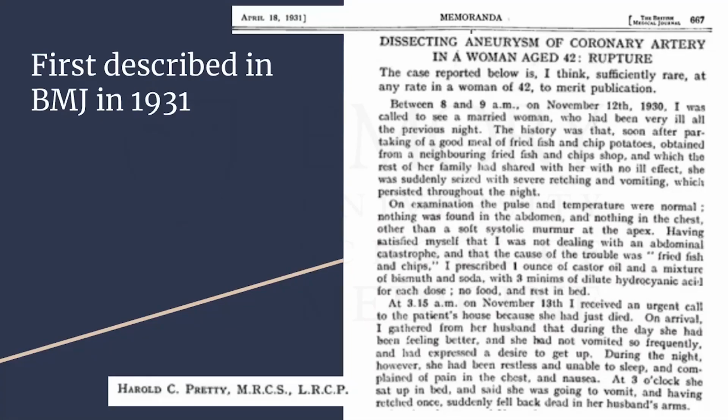He had recommended bowel rest and castor oil, and unfortunately she died several hours later. At this time, he had performed an autopsy that actually revealed a dissection of her RCA and some blood in her pericardium as well. While this case was published back in 1931, there's still clearly a lot we have to learn about SCAD, but I'm going to go through some of the data we have now.